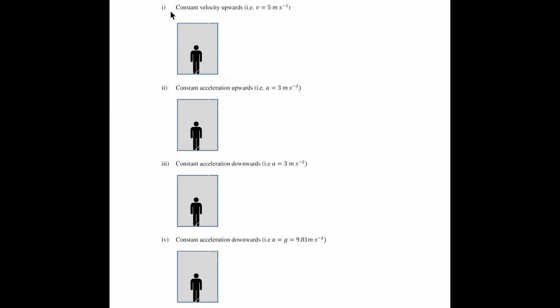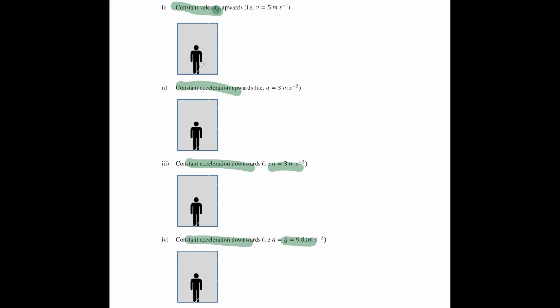The first one is constant velocity upwards, then constant acceleration upwards, then constant acceleration downwards, and then also constant acceleration downwards, but this time at the gravitational acceleration value. The one before this is at 3 meters per second squared only. So all these different cases will cause you to feel different apparent weights.